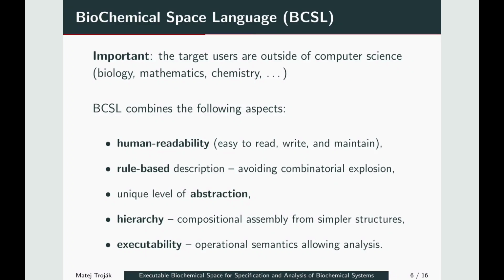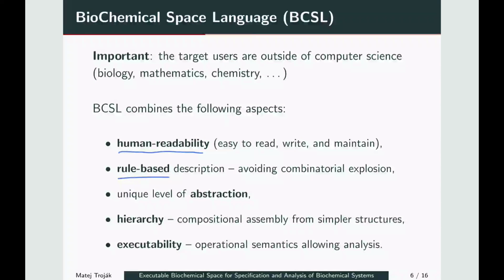Therefore, the biochemical space language combines and focuses on following aspects. Human readability. It's important such that the notation the language is using is really easy to read, write, and maintain.